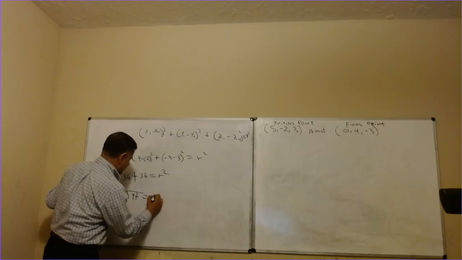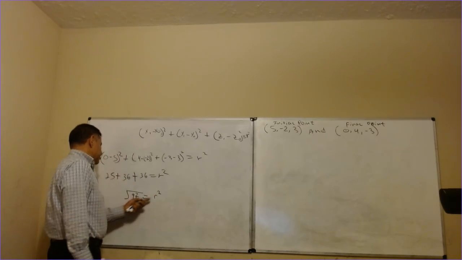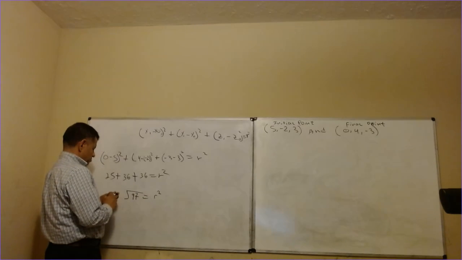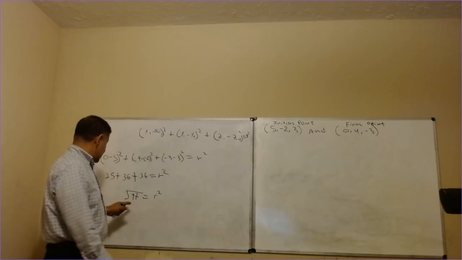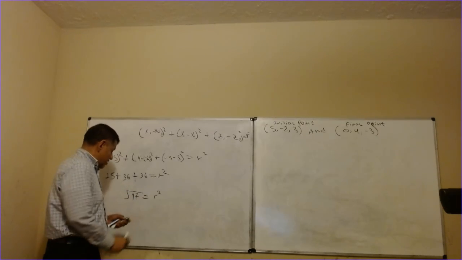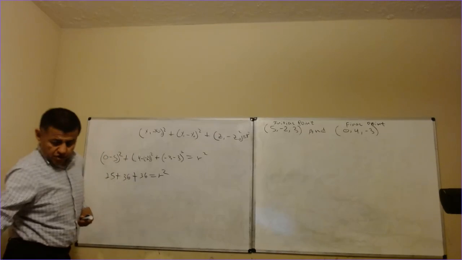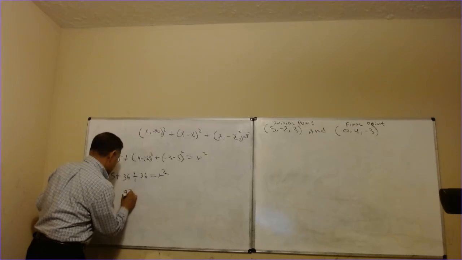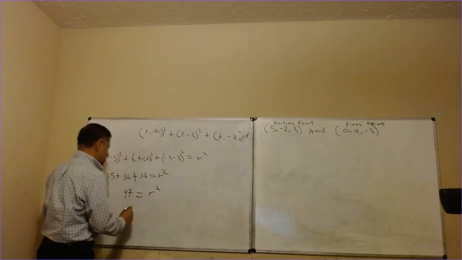Since this is r squared, I don't have to take the square root yet. So after I add those, it's 97, and it's equal to r squared.